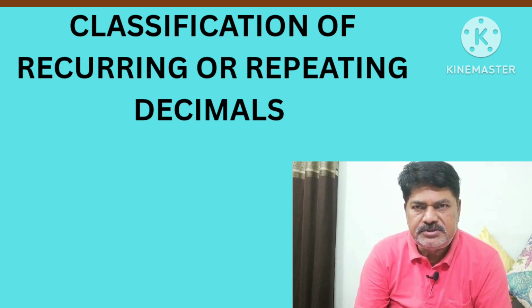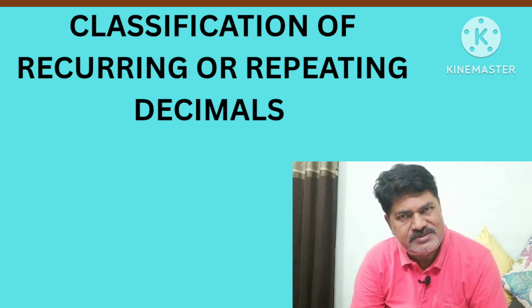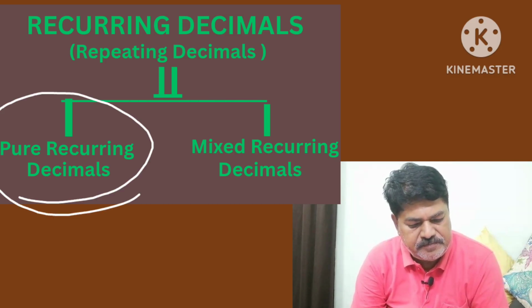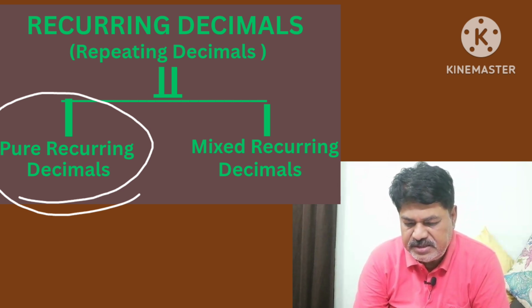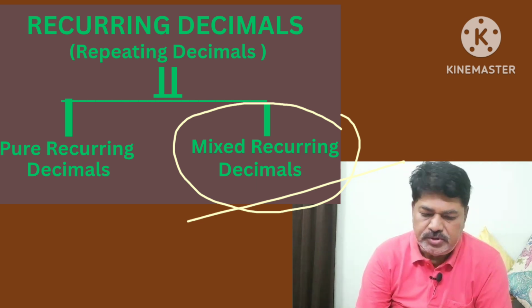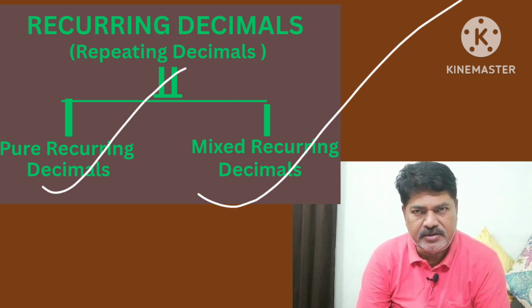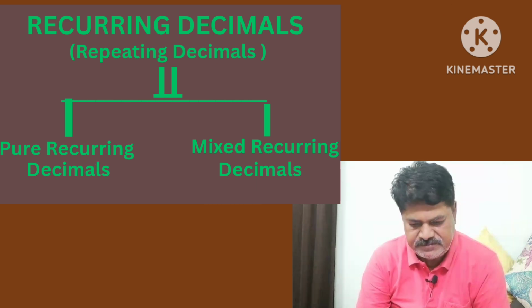Recurring decimals can be classified into two ways. First one is pure recurring decimals, second is mixed recurring decimals. So recurring decimals are of two types, pure recurring decimal and mixed recurring decimals.